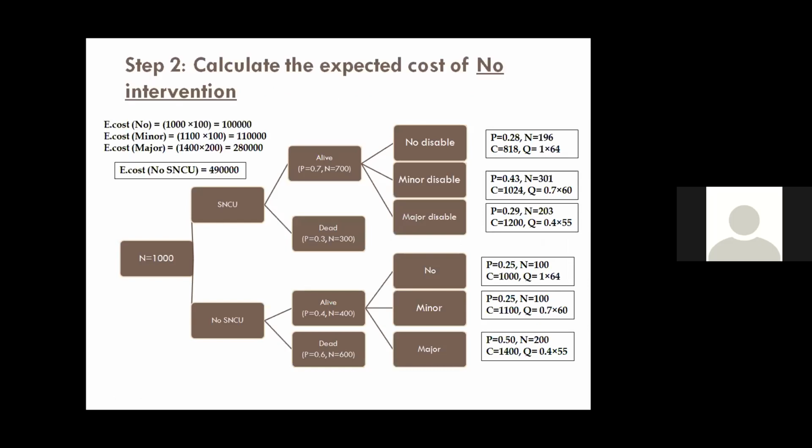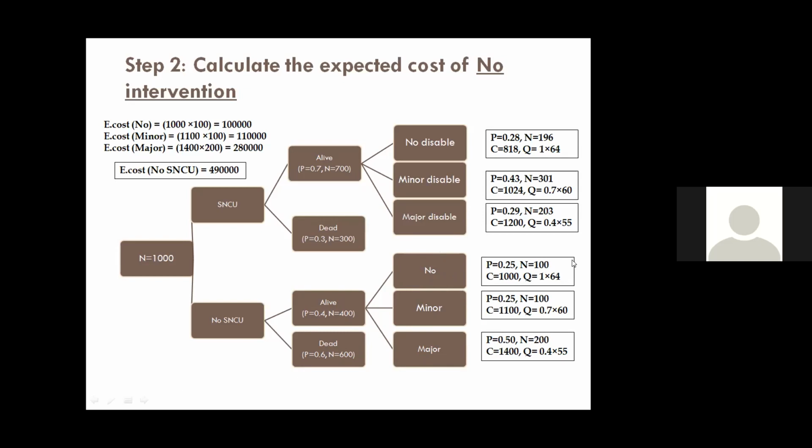From that, step 2, you can calculate the expected cost of no intervention. That is the bottom part. So what is the expected cost? Individually for each box you can calculate. Expected cost is basically, as you see, P equal to 20, but N equal to 100.